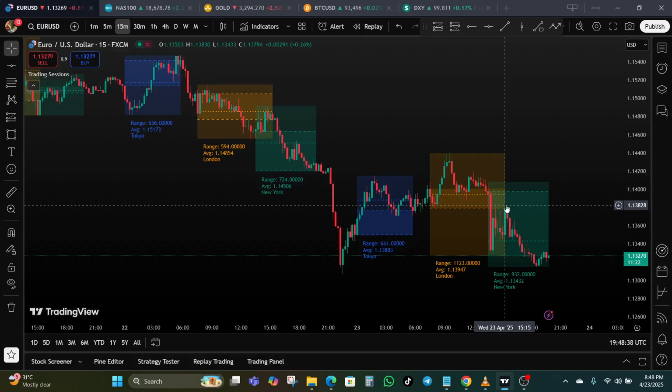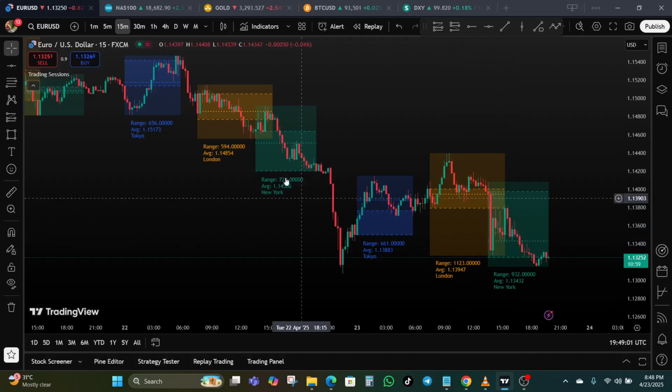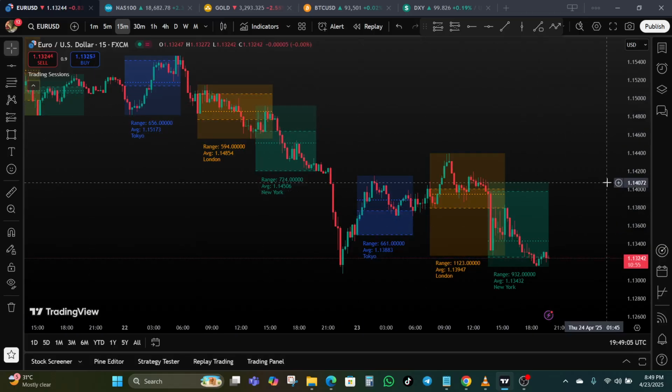Now let's quickly talk about session overlaps, like the London and New York overlap. They are the most active and volatile times. This is where you find sharp trends, quick reversals, and lots of liquidity. So plan your trades around these overlaps if you are looking for volume-driven setups.